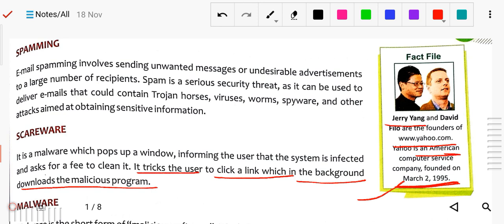Suppose you get convinced and click there. Once you have clicked, in the background some malicious, some harmful software will be downloaded to your phone or your computer, so that may become harmful. Okay, so be careful about this.